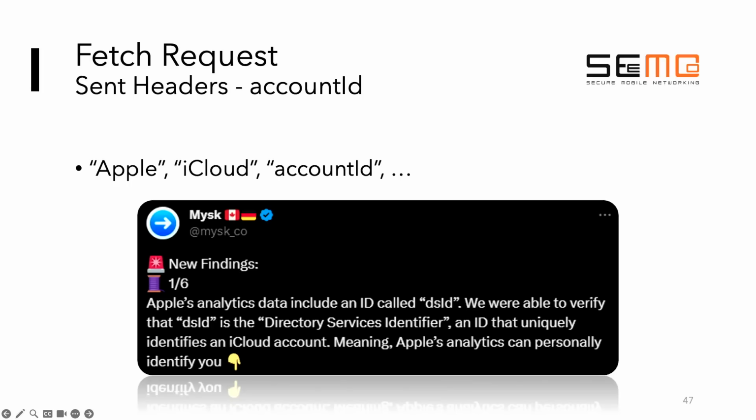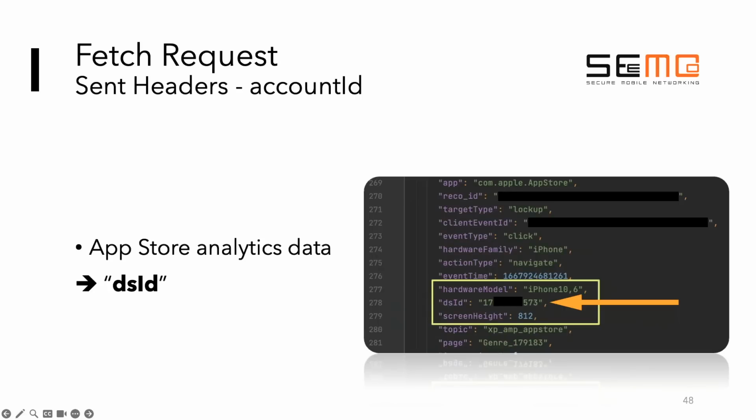And I was successful, even if it's pretty stupid to just Google these words straight away, because I found this tweet by Misk, where they talk about an identifier called DSID, or Directory Service Identifier, which they found in the Apple Analytics service. So let's look into that tweet, and here we see the DSID, so that number looks pretty similar to our account ID. They both start in the same number range and are pretty similar.